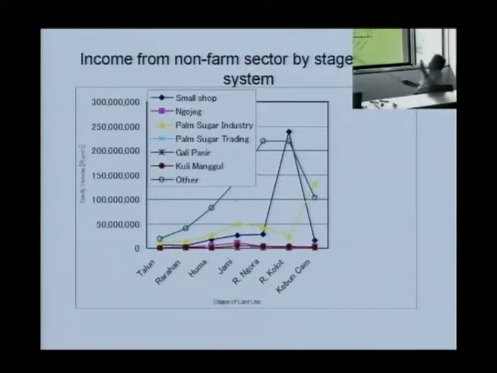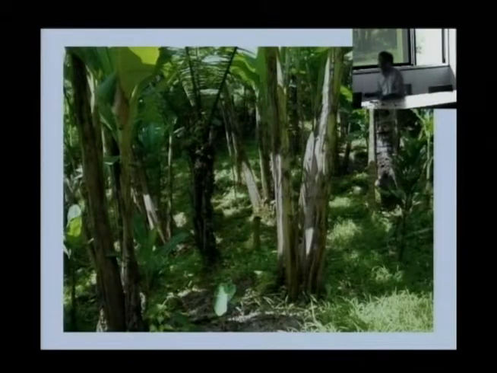So not all land is found in the Tarun system in this area, but anyway, the Tarun system makes seasonal change of agricultural labor demand or seasonal change of income produced by the non-farm sector. This is an example of the Lumangora stage.